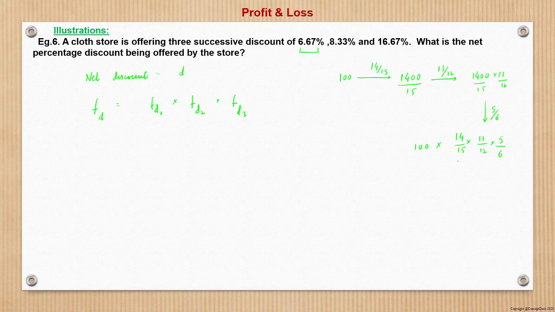So basically what is happening? 14 by 15 is FD1, 11 by 12 is FD2, and 5 by 6 is FD3, right? So what is the net change? Net change with respect to 100 is the product of FD1, FD2, FD3, and that is what we are calculating here.